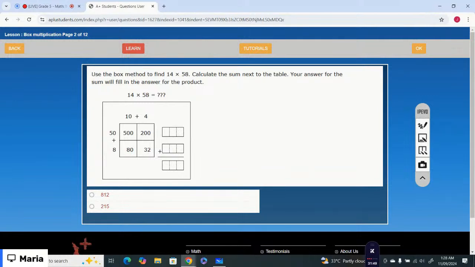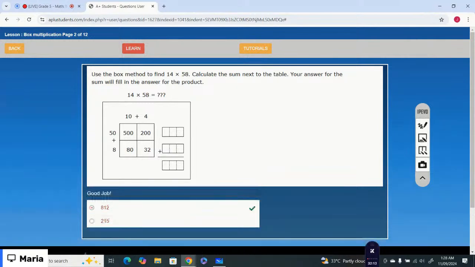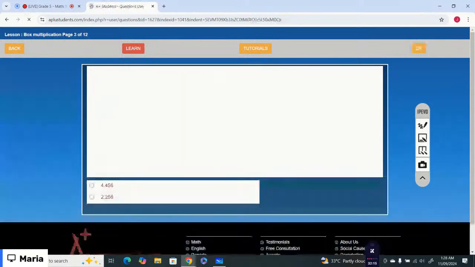The correct option is option number 1. That is 812. You simply have to add. So that is 812. Option number 1 is the correct option.